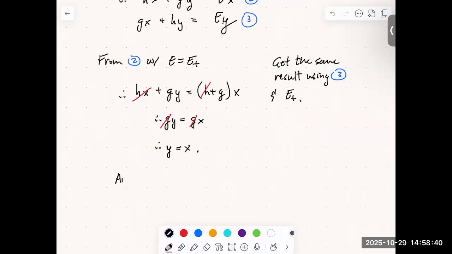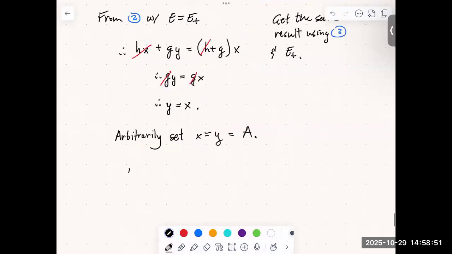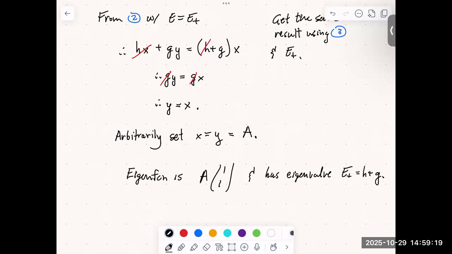So we can arbitrarily set x equal to y equal to A. And so our eigenfunction is going to be A times (1, 1), and it has eigenvalue E plus, which is h plus g.